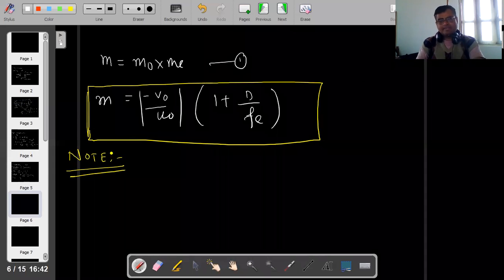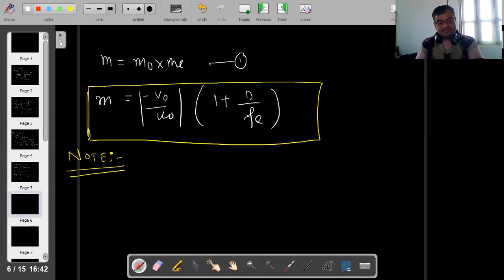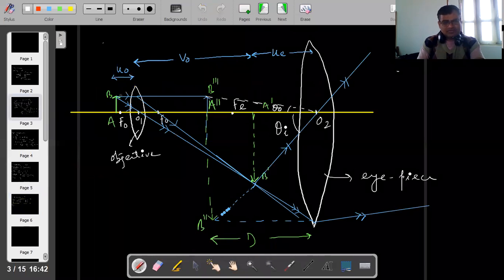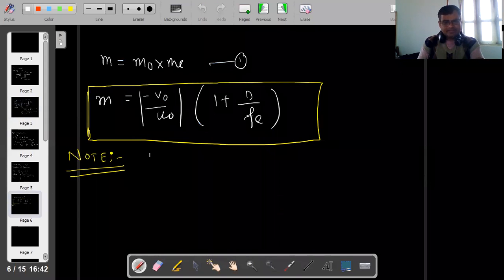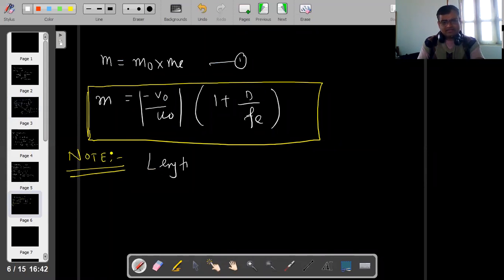Are you completed? Yes, sir. Now the note: L is the length of the tube. Length of the tube means the distance between the objective and the eyepiece. The length of the tube, capital L, is VO plus UE.